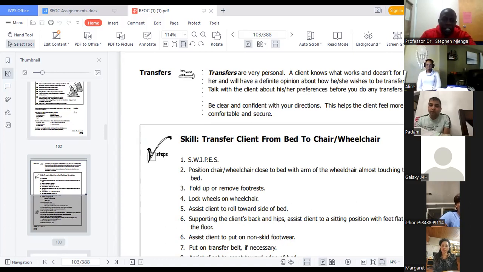So assist the client to roll toward the side of the bed. That is where you are. Remember, we said you pull the weight closer to you, and that way you are able to move them. Support the client's back and hips. Assist the client into a sitting position with feet flat on the floor.